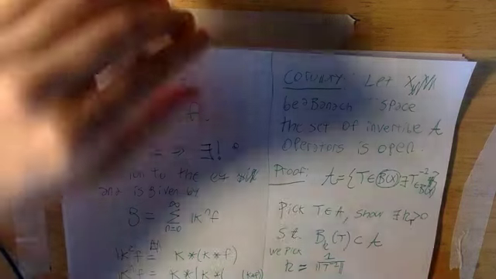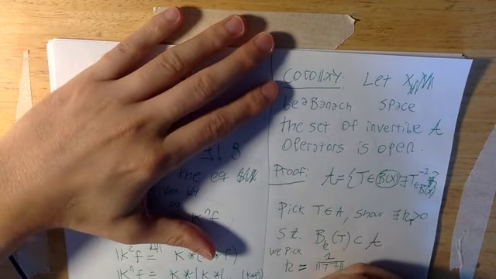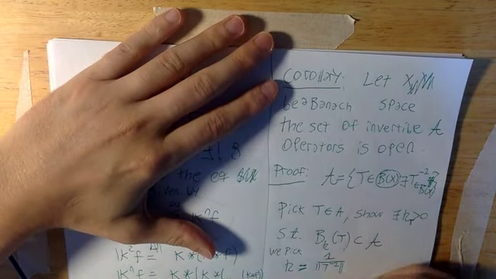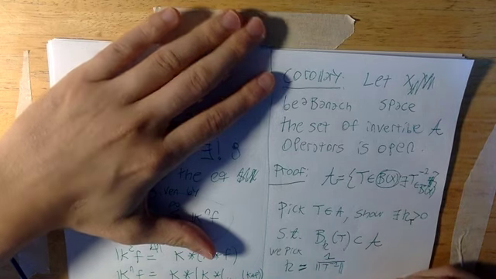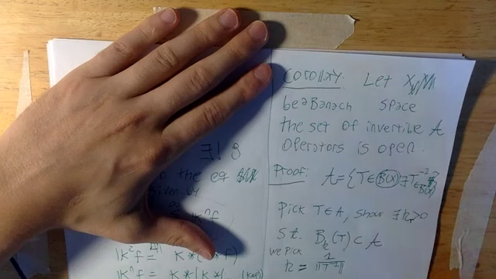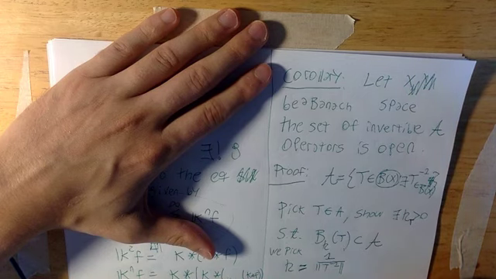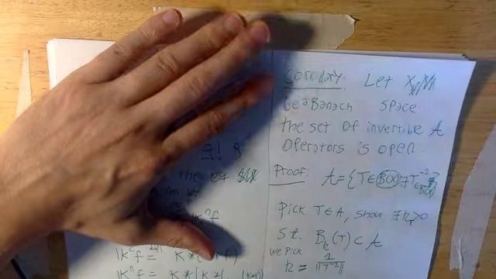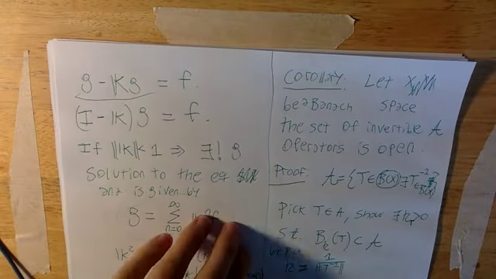Now we need to show that if the norm of T minus S is less than eta, then S is invertible. That's what we want to show next.